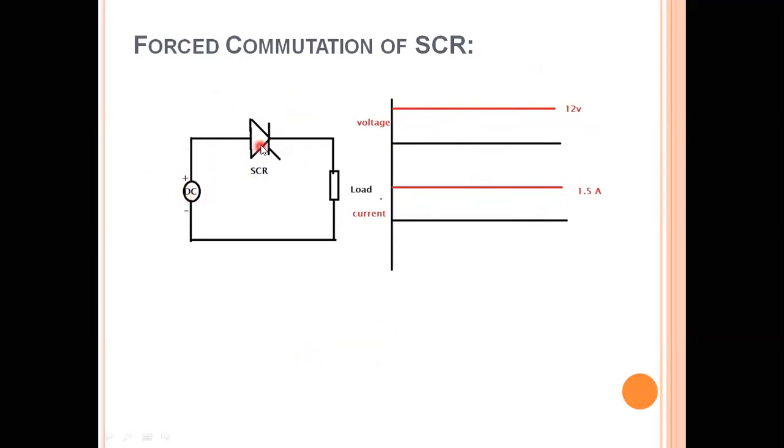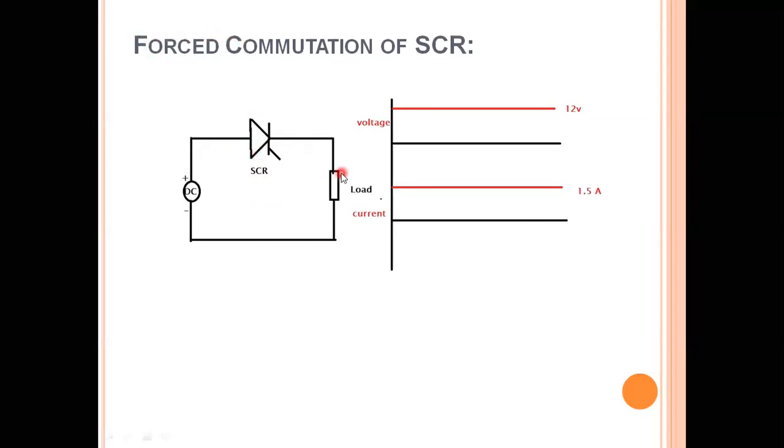So in that case, we need to reduce the current to less than the holding current. That is, the current flowing through the device is forced to reduce to less than the holding current value. Okay. So as the current falls less than the holding current, the device is turned off.